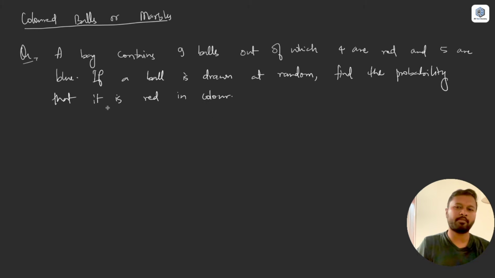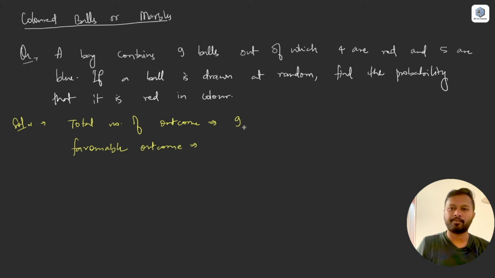This is how they might ask you. It is very simple to solve such questions. First of all, you write down the total number of outcomes, which is going to be 9, because you have a total of 9 balls. Then your favorable outcome is getting a red ball.